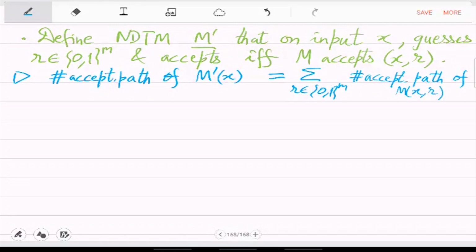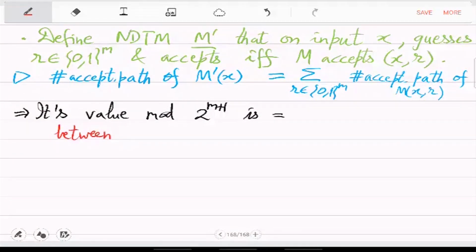Now on this we have some control. This number of accepting paths of M(x, r), as we have observed before, is either 0 or -1 mod 2 raised to m plus 1. So let's look at its value mod 2 raised to m plus 1. If x is a yes string, then for 2/3 of the r's this is -1.